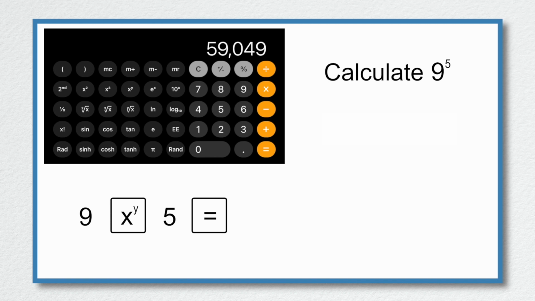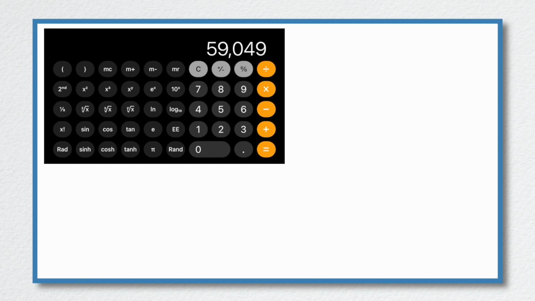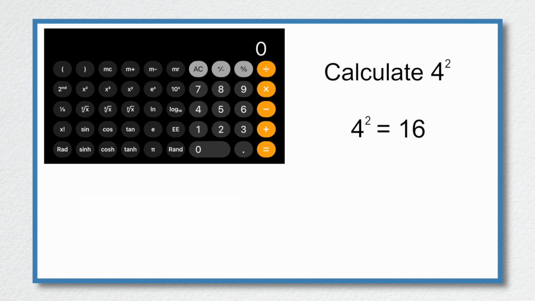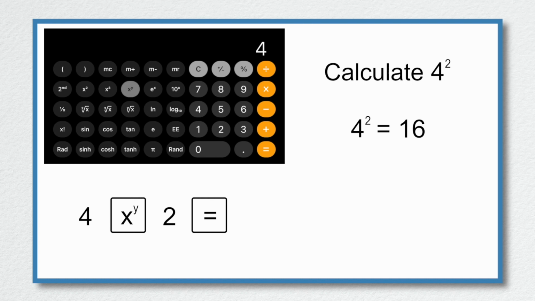And that gives us the answer 59,049. And of course, you can use this button for any power. So if you were, for example, working out 4 to the power of 2, you could type in 4, press the XY button, then press 2, and then press equals, and you get the answer 16.